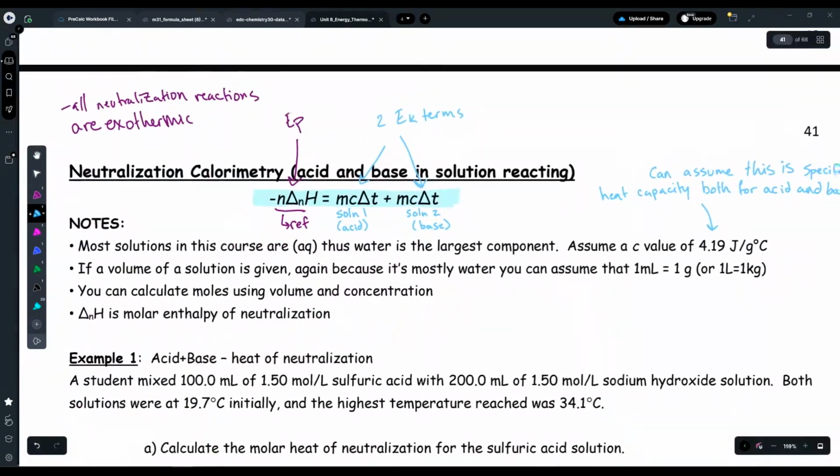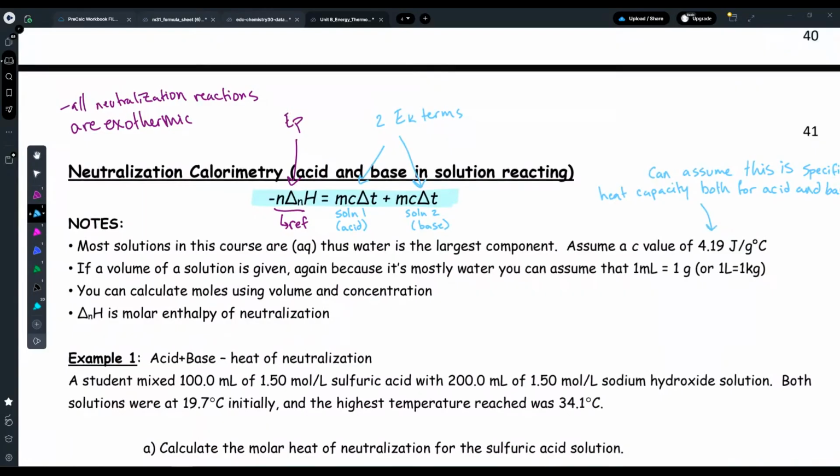Now, as another reminder, if a volume of a solution is given, again, mostly because it's water, you can assume that 1 milliliter of your acid or of your base is going to equal 1 gram of either your acid or your base. It just depends on what you're talking about there. Okay, now you can calculate moles using volume and concentration.